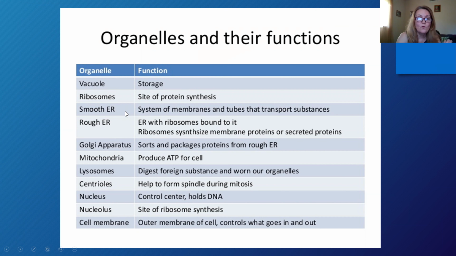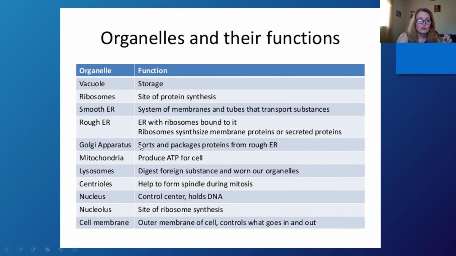Smooth ER is involved in lipid metabolism, so synthesis of the lipids and catabolism of the lipids. That's a function of smooth ER. Smooth ER does not participate in protein synthesis because it lacks ribosomes.